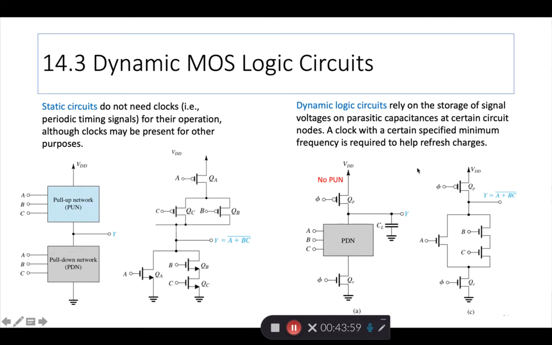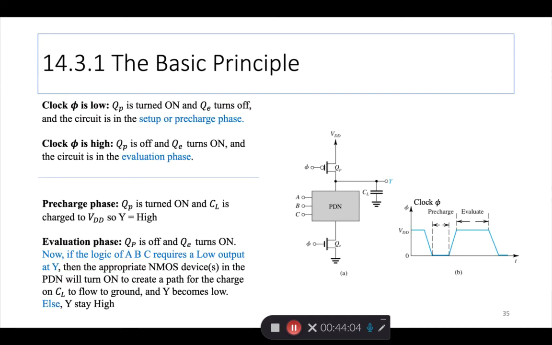Okay? But to be able to do this dynamic MOS, there are some ideas and concepts that you have to understand, and also understand the importance of the role of the clock. So the clock can be low or the clock can be high. When the clock is low, QP is on, QE is off, and the circuit is in the setup or pre-charge phase.